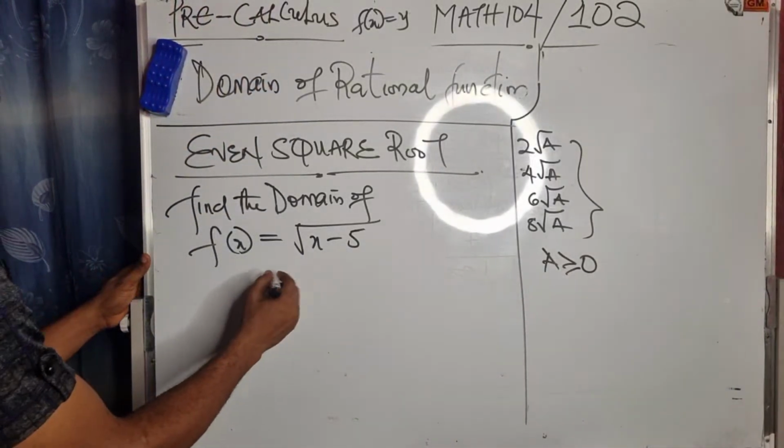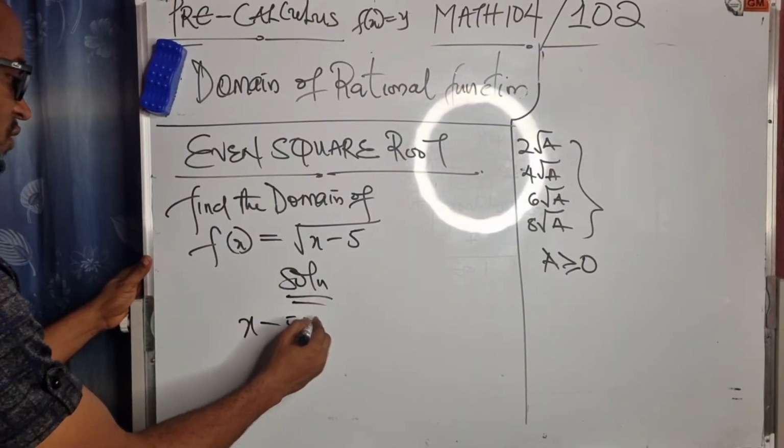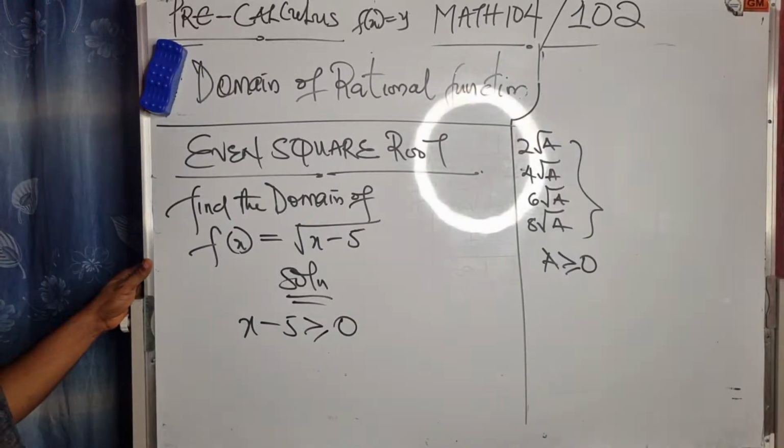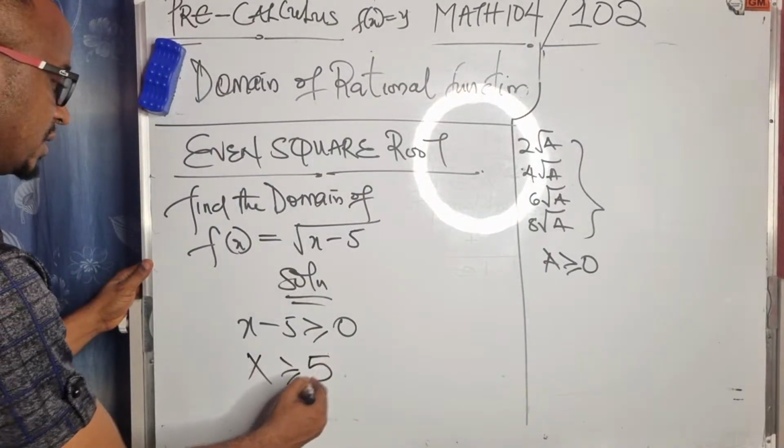So for this, the solution becomes what? I'm going to set this x minus 5 to be greater than or equal to 0. So when you move this to this side, it becomes x is greater than or equal to 5.